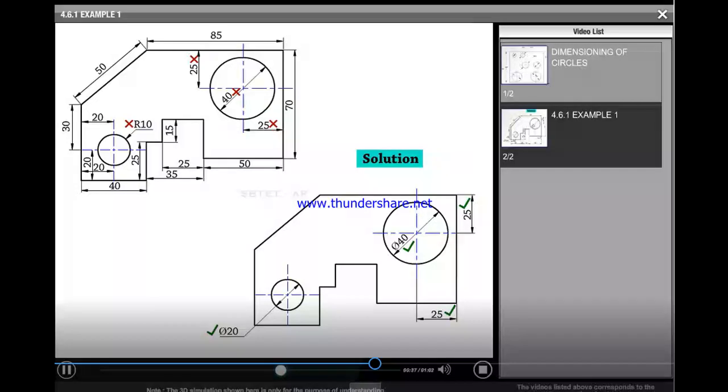But when you are keeping dia 40, similarly, if R is 10 then the dia will become 20. So that dia 20 should be placed outside of the figure. The representation is like theta 20, so that indicates a dia.